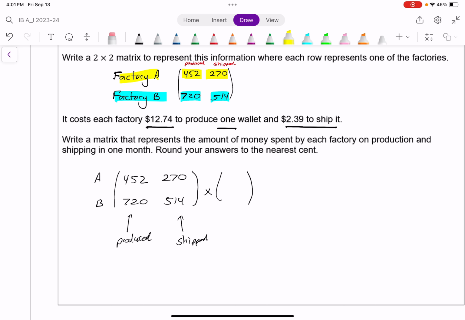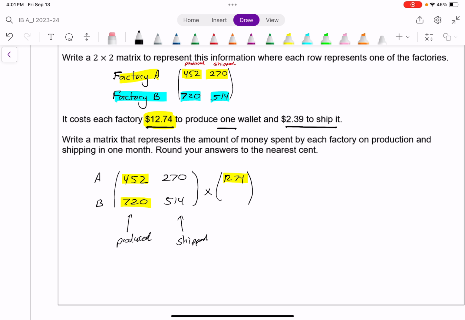So I want to show through matrix multiplication what the sum would be with these costs. If I look right here, this 12.74 is the cost of producing one. If I write that right here, then in our multiplication it would be multiplied by the 452, and also by the 720, which makes sense. That's how much it costs to produce those.